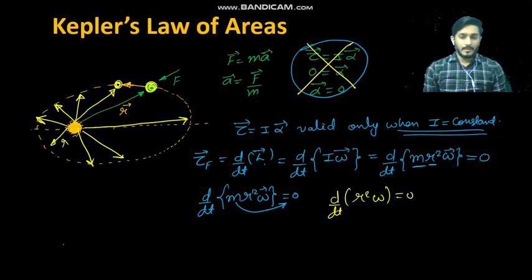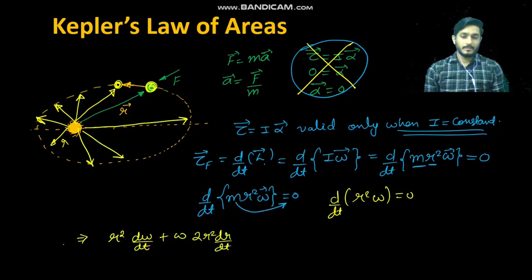Okay, it's just differentiation of two functions. We can use product rule. So we can say that it is differentiation of the second function, which is d omega, keeping the first function constant, that is r square, and then keeping the second function constant and differentiating the first one.